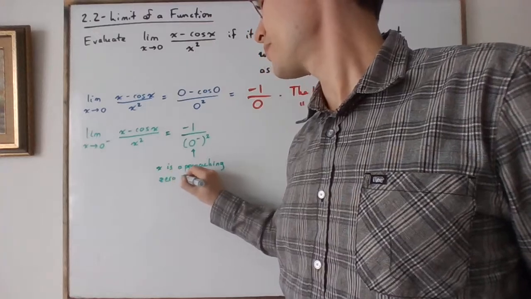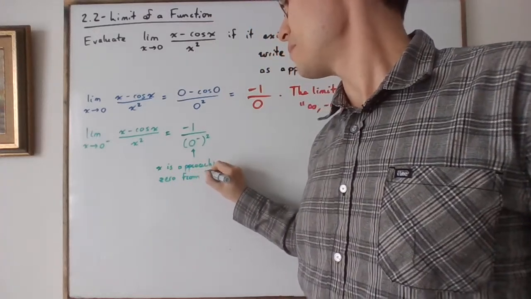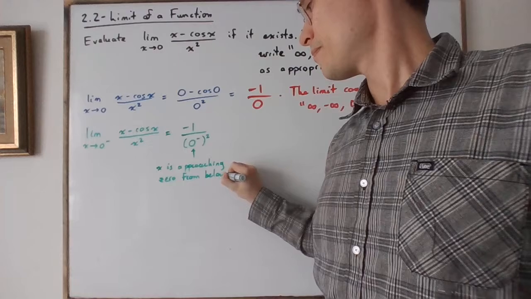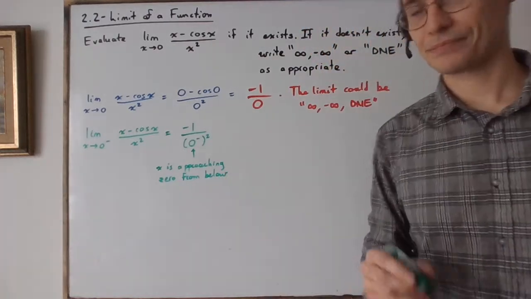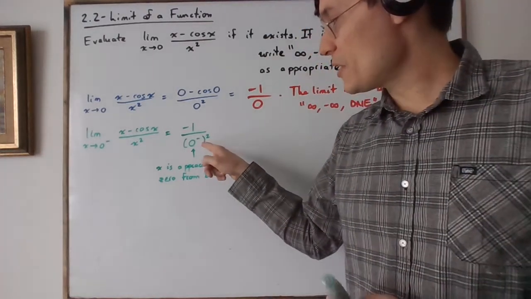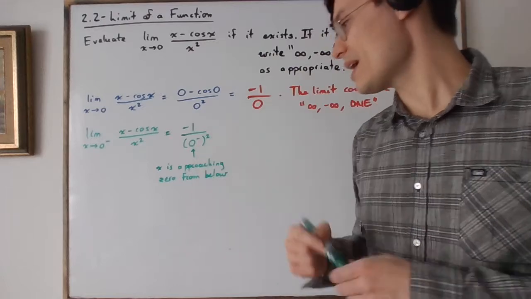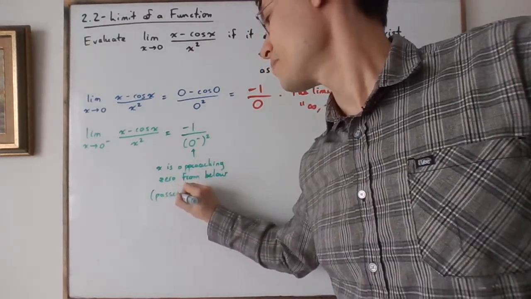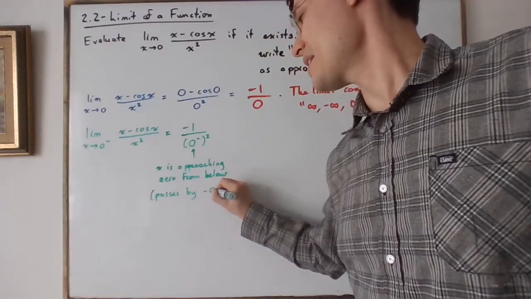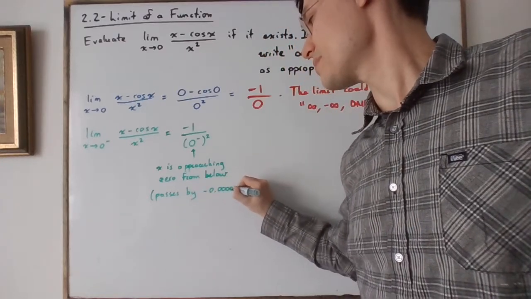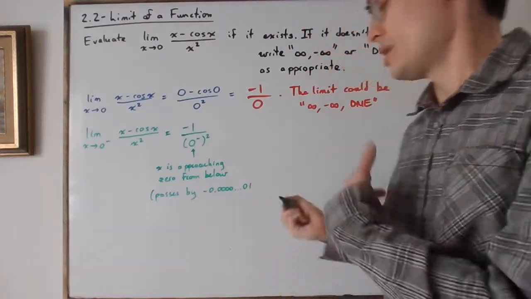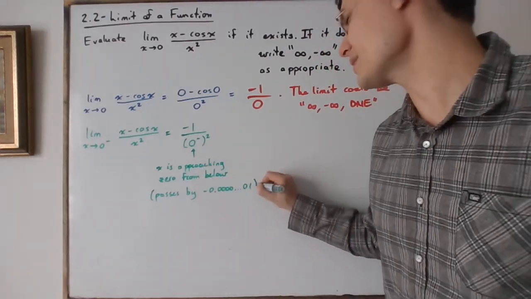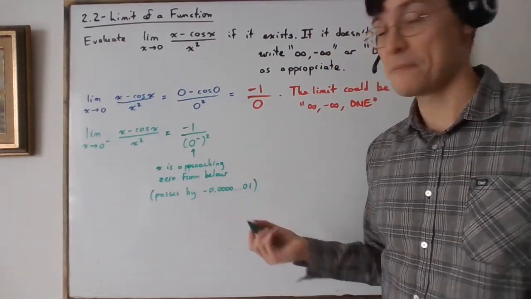So it passes by negative 0.000 all the way down, you can put as many zeros as you want, and you're going to get a negative number.